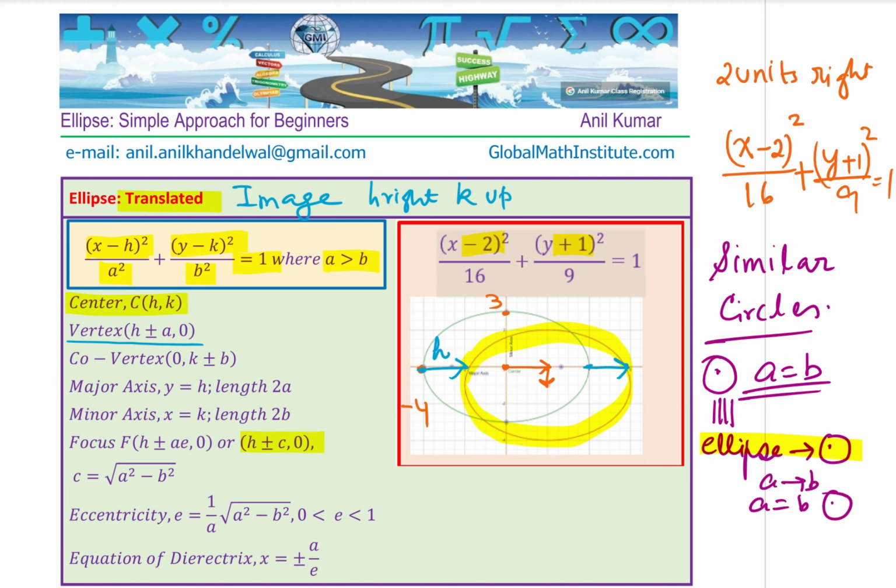That is better. Eccentricity, once you find C, you can always calculate, and we know eccentricity e will be equal to C over A, correct? And the equation of the directrix will be moving also with these, plus or minus A over e. So I hope these equations are absolutely clear.